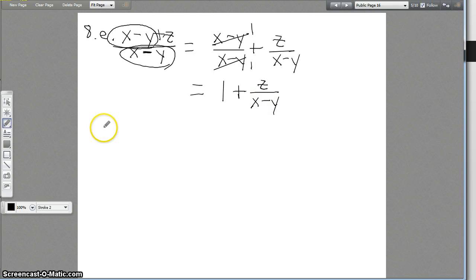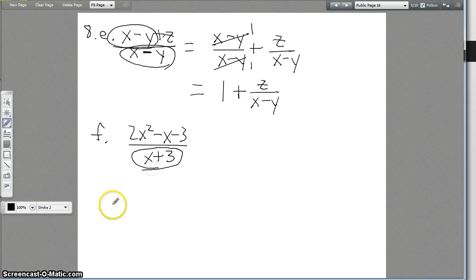So the next one, part F, says to write (2x² - x - 3)/(x + 3) as the difference of a fraction and an integer. So we need an integer, so we should look at our denominator and we see we have x + 3.